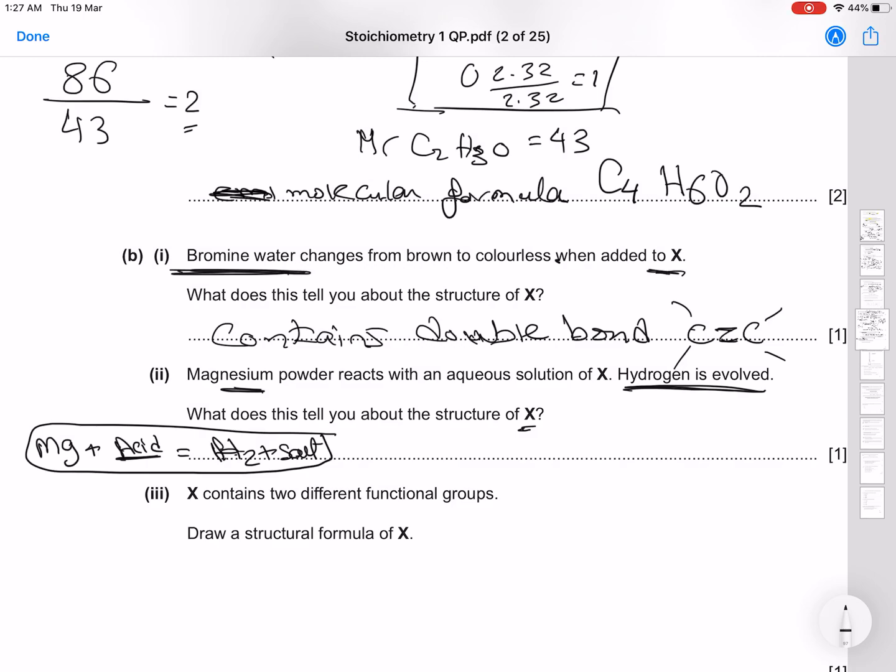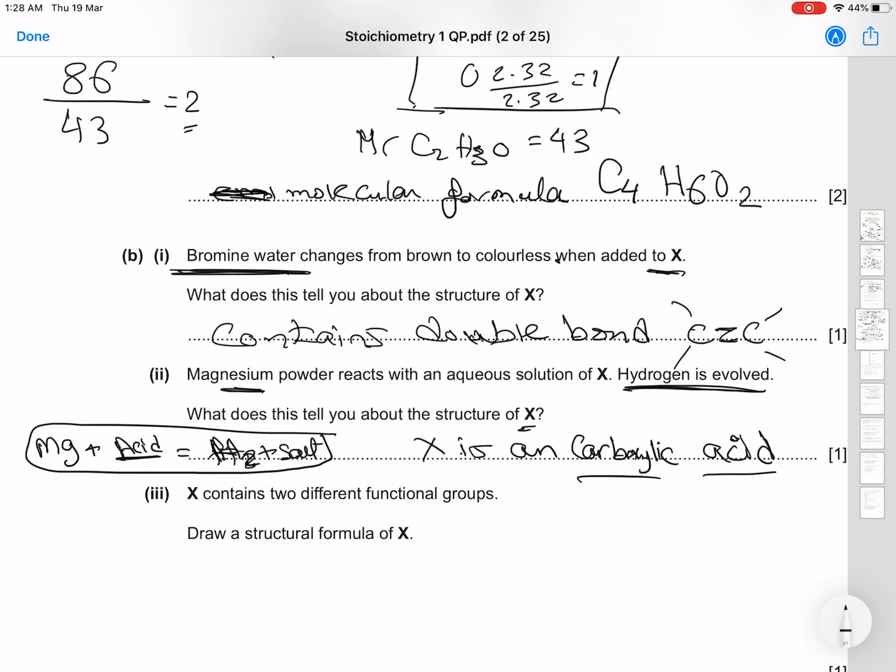Because it releases H plus ions as hydrogen gas. So that means this substance X is an acid, right? Since this is an organic acid, because it has carbon, hydrogen, and oxygen. Organic acids are called carboxylic acids.